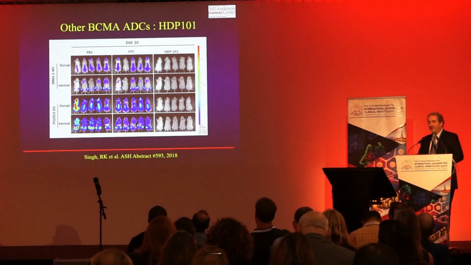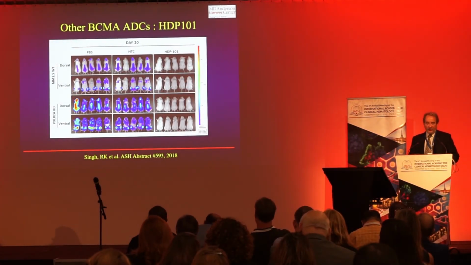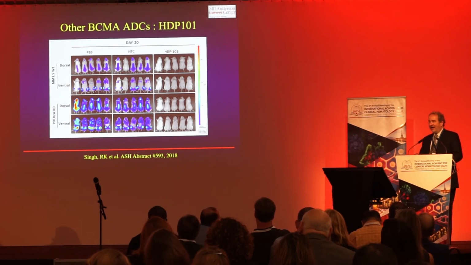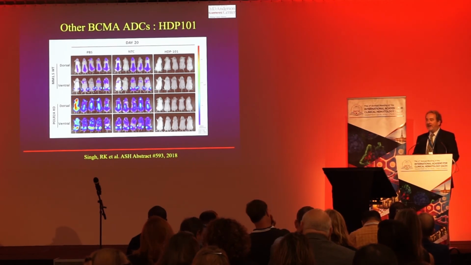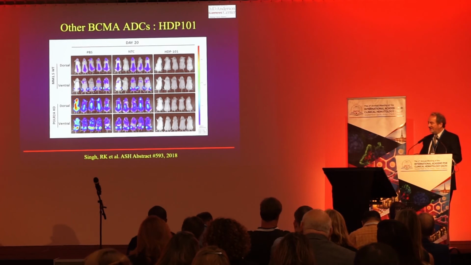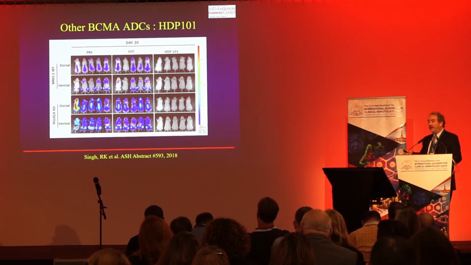A little bit of laboratory data from our group that was an oral presentation at last year's ASH. There are other BCMA antibody drug conjugates, and here's one that we've worked with preclinically, which will be in the clinic probably next year, maybe January, February.